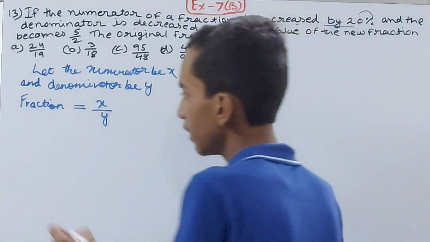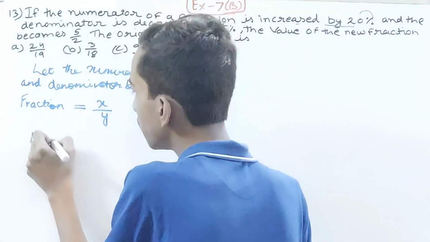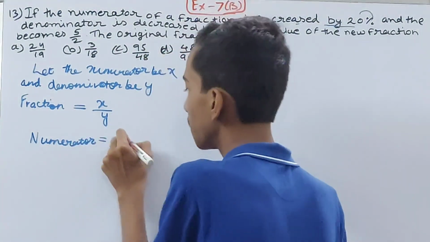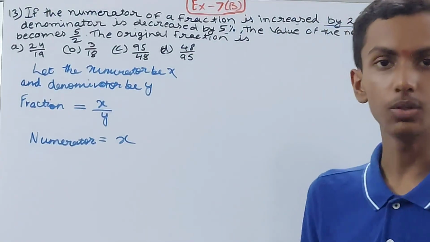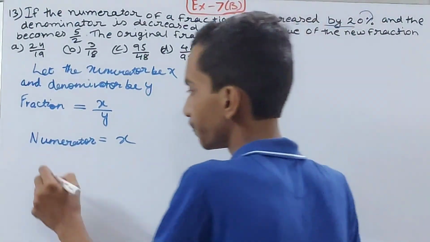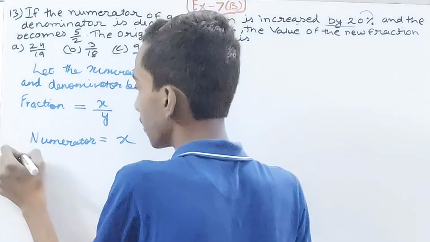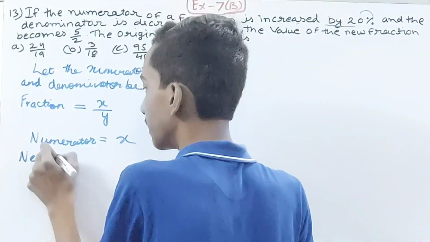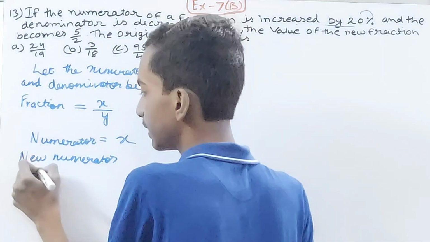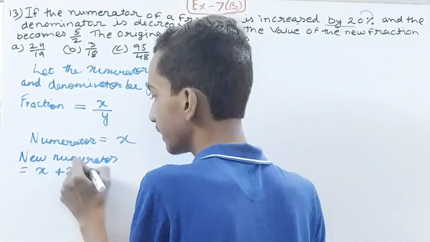Now see here, the numerator is equal to x according to our value. Now it is increased by 20%. So see here carefully, the new numerator that we will have will be x plus 20% of x, or not?